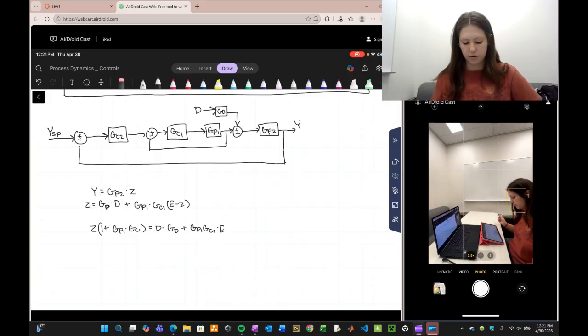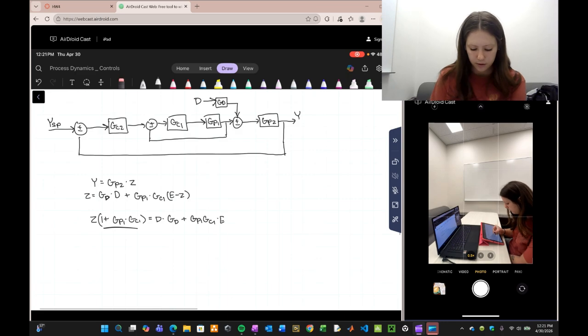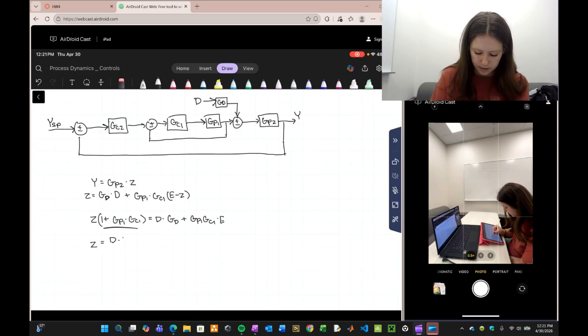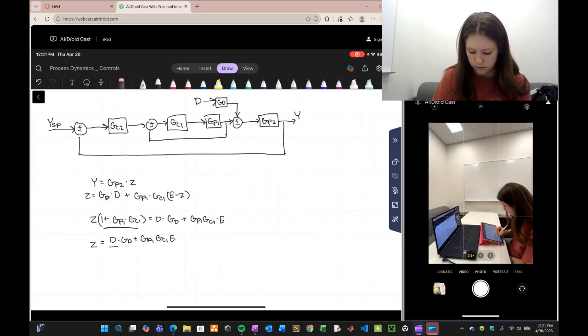So therefore, dividing everything by this here to get Z alone, we get Z equals D times GD plus GP1 GC1 E over 1 plus GP1 times GC1.